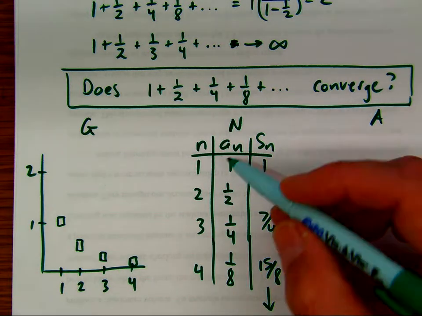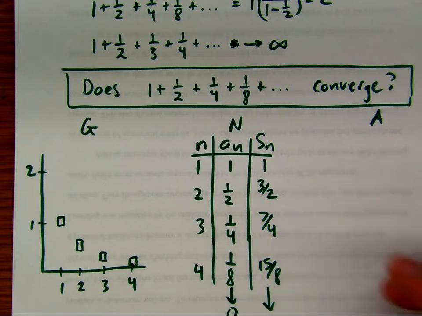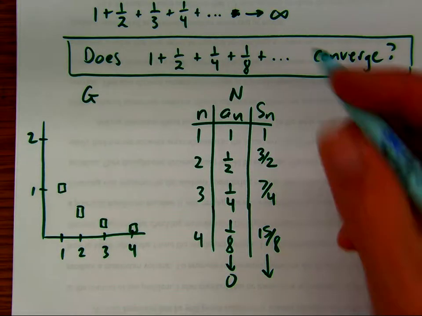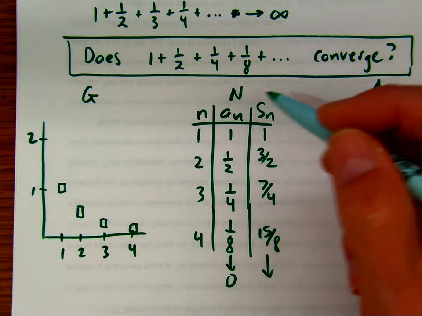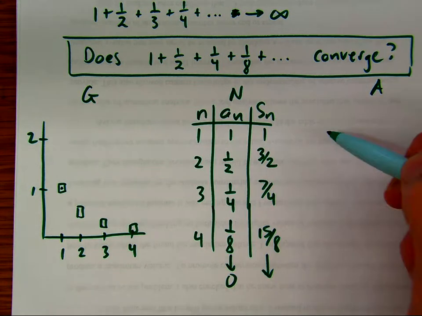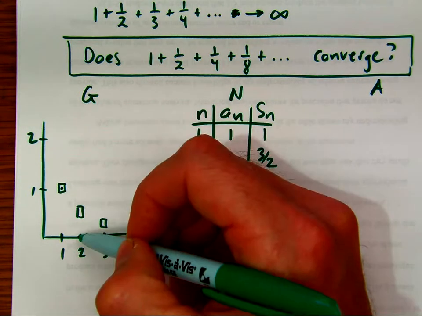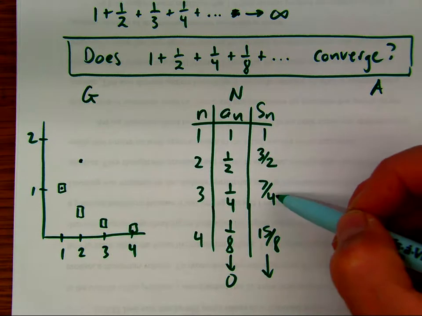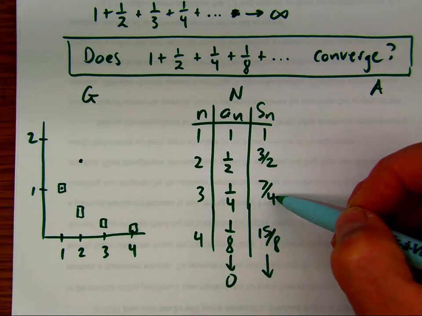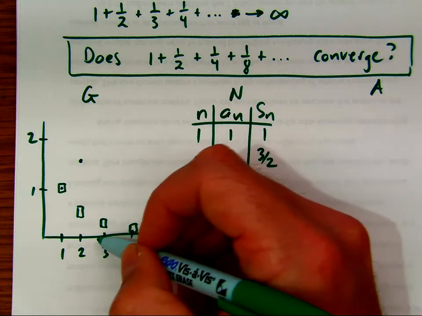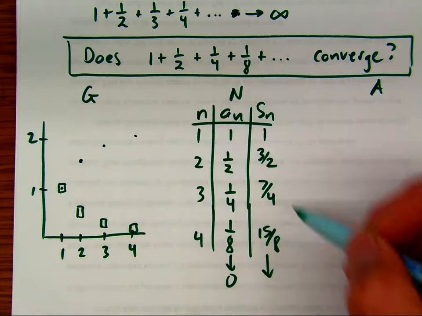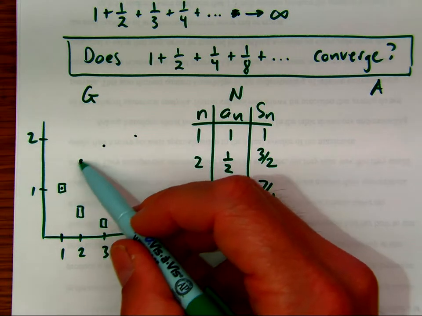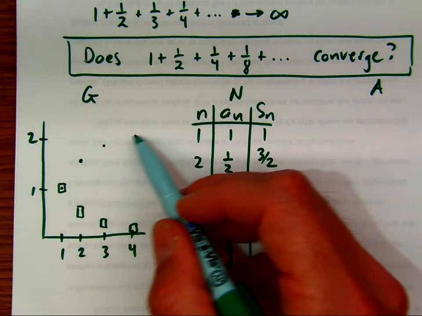And we can see that the sequence is going to 0. Let's plot the partial sums, and that will be at, with a point, we'll go to 1.5. And here we'll go to 1 3/4, and then closer and closer to 2. So we can see that these partial sums are approaching 2.